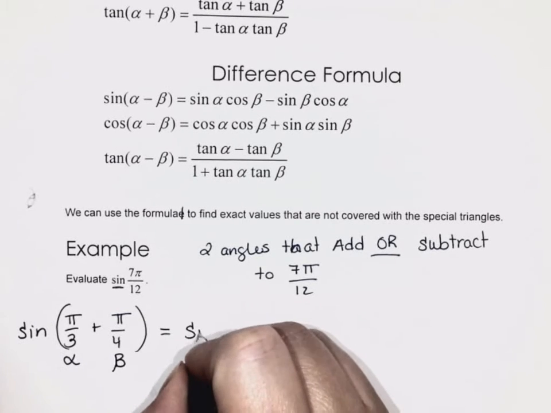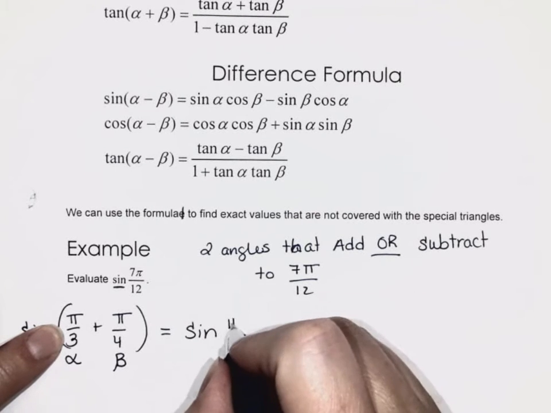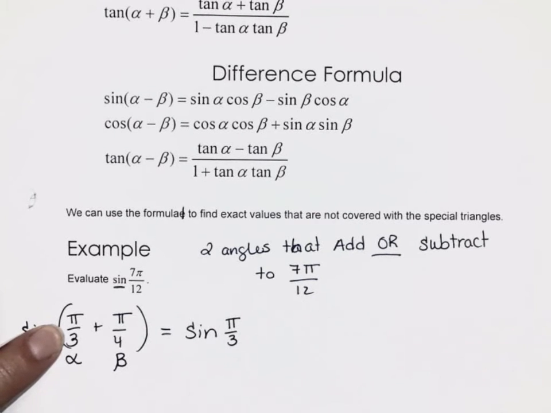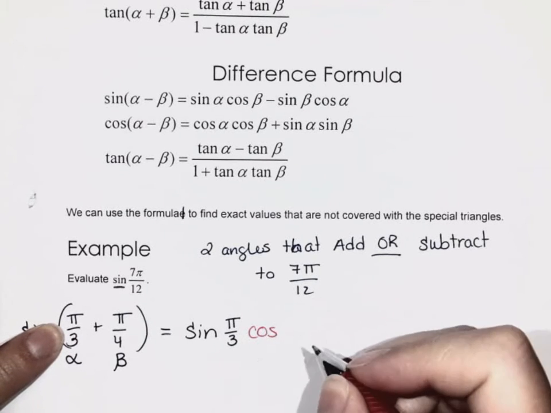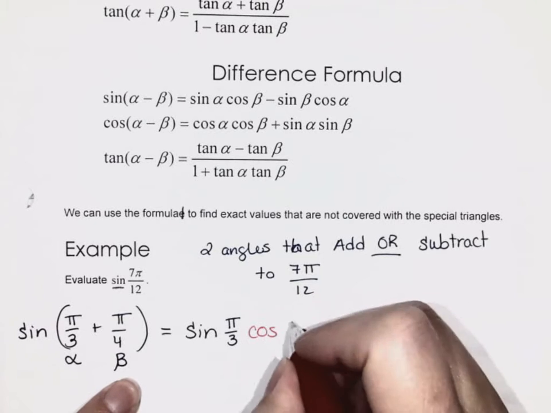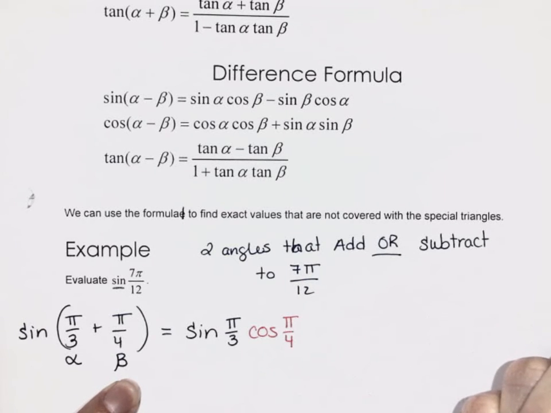So we're going to say sine of alpha. The alpha angle is pi over 3. And then we are going to do cosine of beta. Look at the formula.